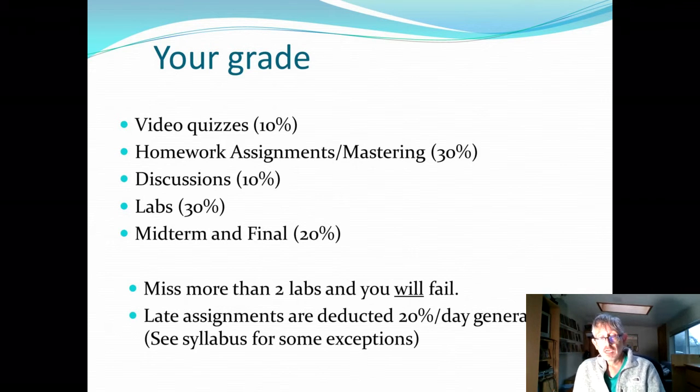So please don't miss those labs. Generally, late assignments are deducted about 20% per day, although there are some exceptions. There are a lot of details with this, and please look at the syllabus to see them.